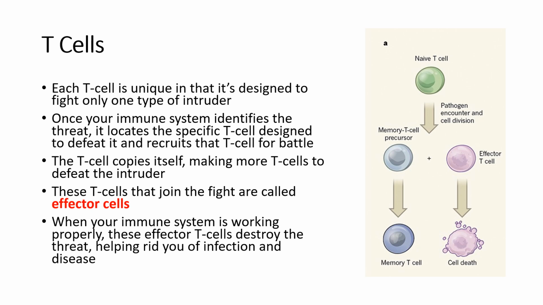Not only do they ramp up in a much more specific manner, but they also keep knowledge for the next time that something happens. So these effector T cells, or cytotoxic T cells, join the fight in conjunction with the helper T cells and the B cells.